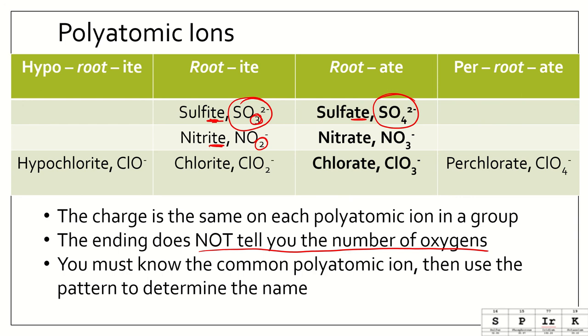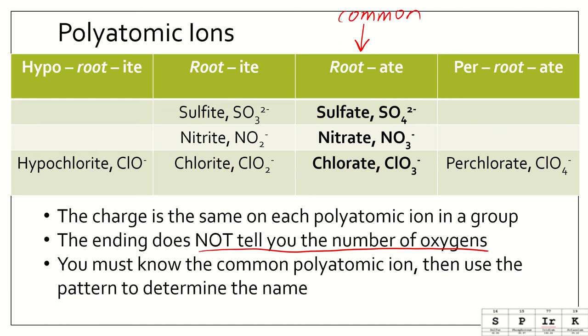So you must know the common polyatomic ion. And that's what I have written in bold here. These are the common forms. So for example, nitrate is NO3-, and nitrite, remember ITE implies fewer oxygens, so NO2-. Again, their charges have not changed, just the number of oxygens.